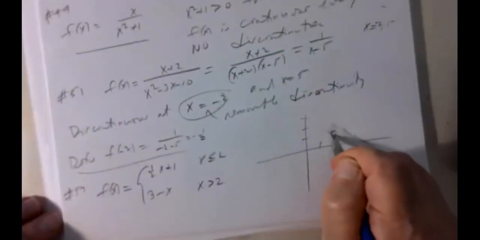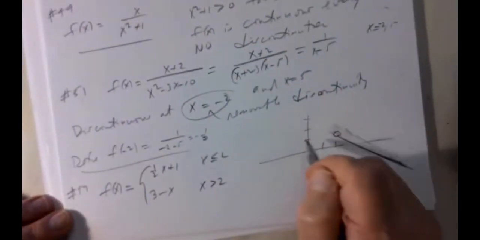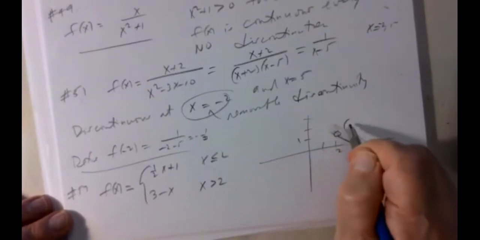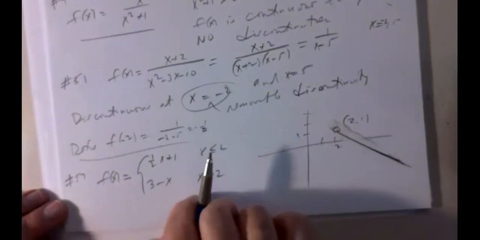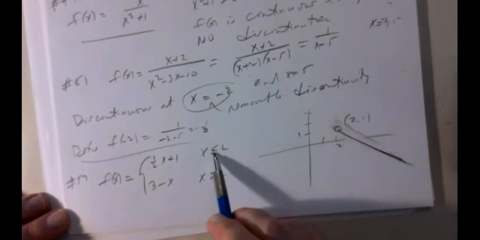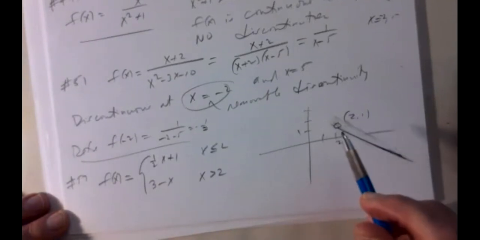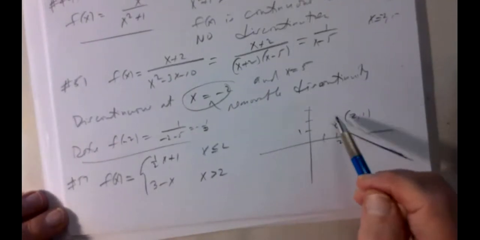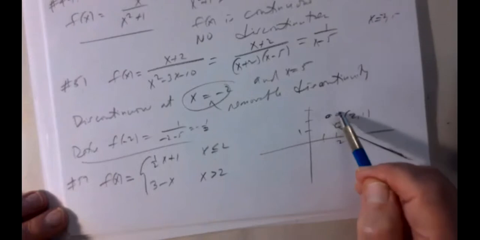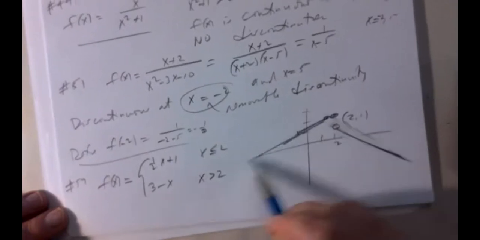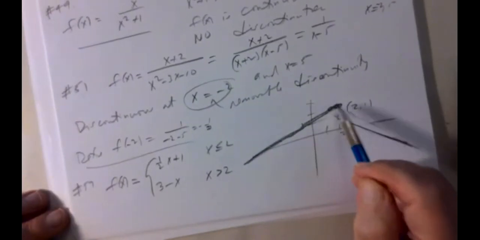No, sorry, I drew it fine. That's exactly what it is. This is the point 2 comma 1. When x is less than or equal to 2, this is a straight line with slope a half. Looks like that.